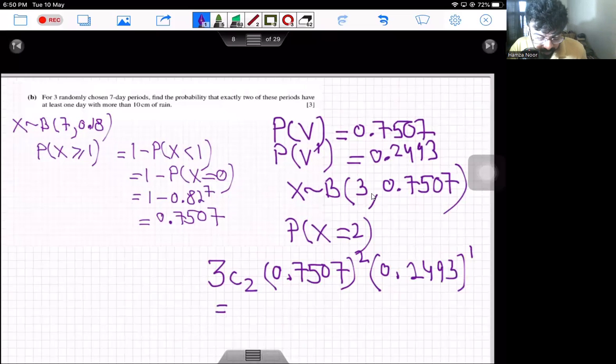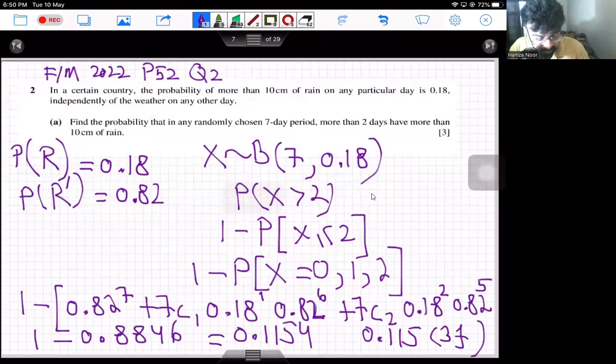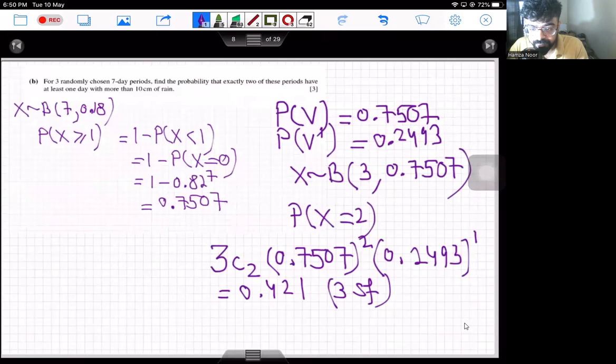And here your answer is 0.4215, so correct, 0.421479. So correct to 3 significant figures, 0.421 is supposed to be your final answer. This is question number 2, and this was for 6 marks.